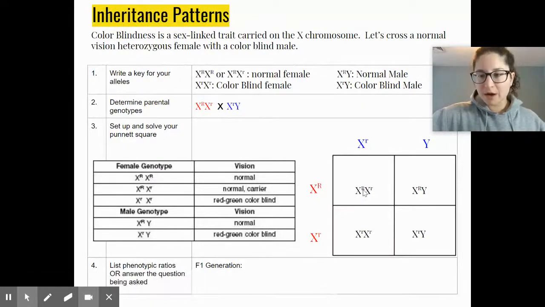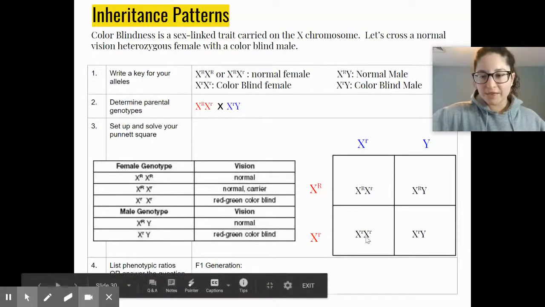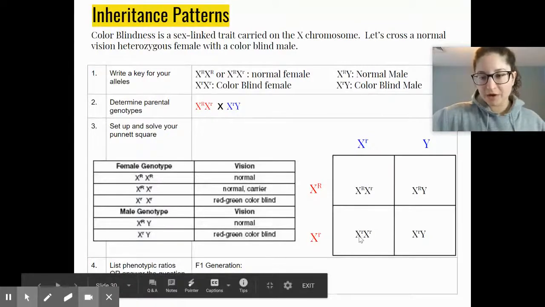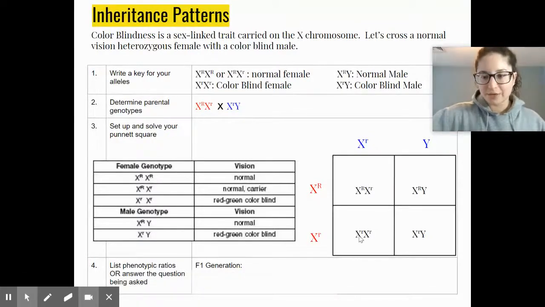This female has a big R, so she has normal vision. However, this female right here, because remember XX, this is X little r, so this female is colorblind. So we're going to have one box, 1 out of 4, 25% female normal vision. We're going to have 25%, 1 out of 4, female colorblind vision.